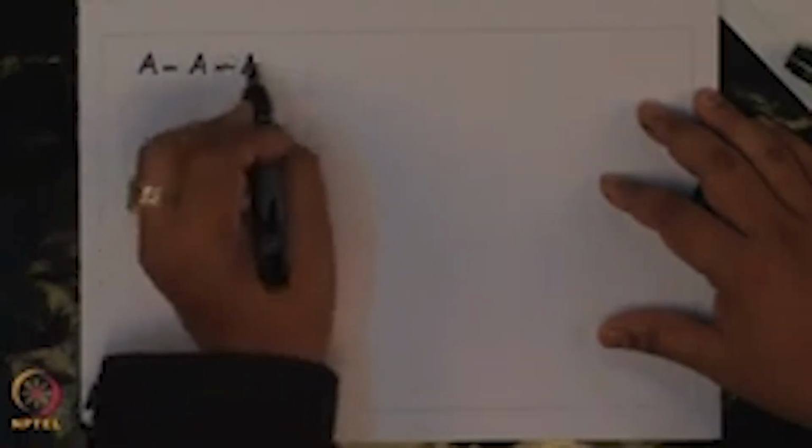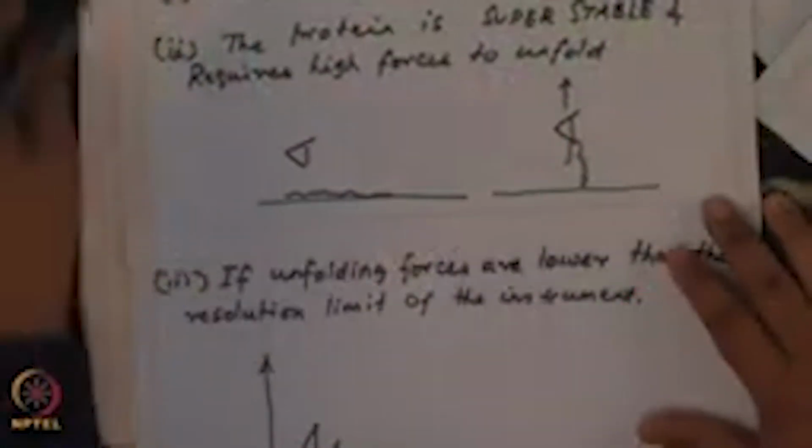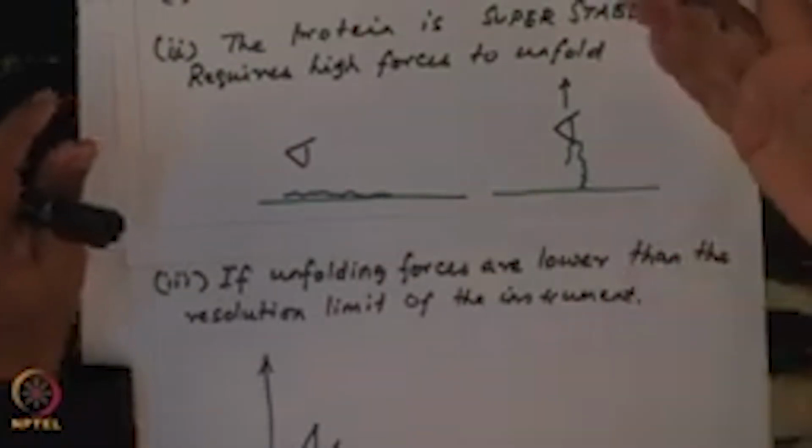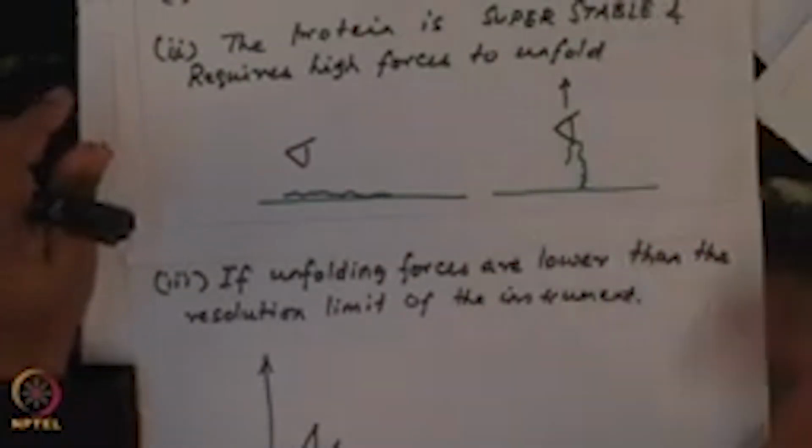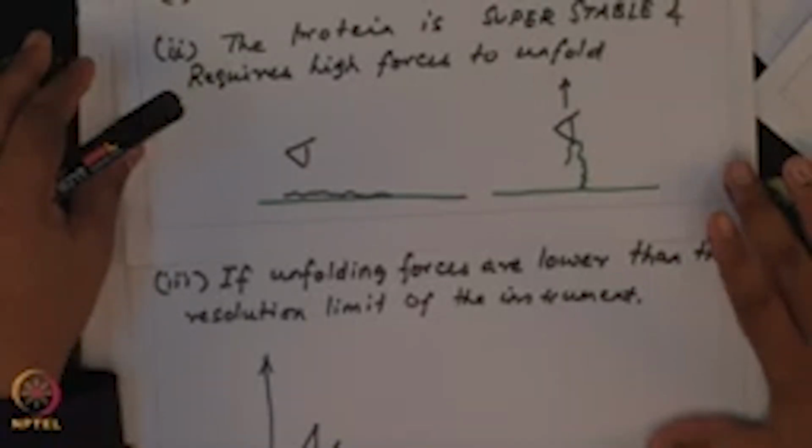Now comes the aspect of designing our protein construct. I said that you will make a polyprotein. Let us say you have not gotten your signal. You know that there are three possibilities why you may not be getting the signal, and it is very difficult to find out which applies to your protein.